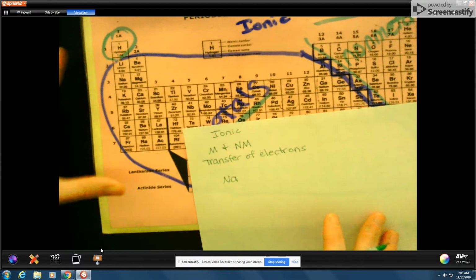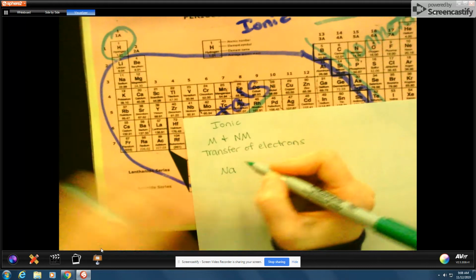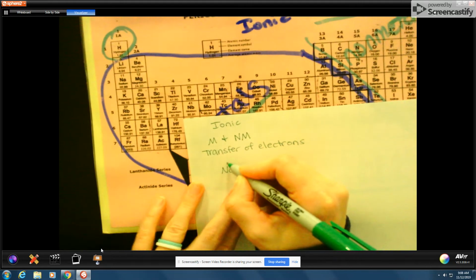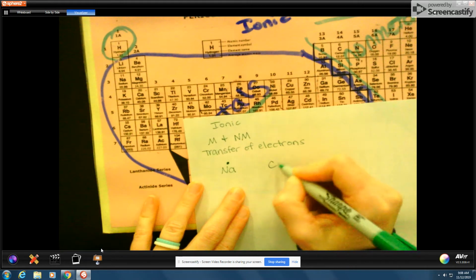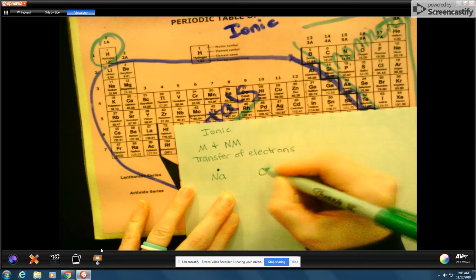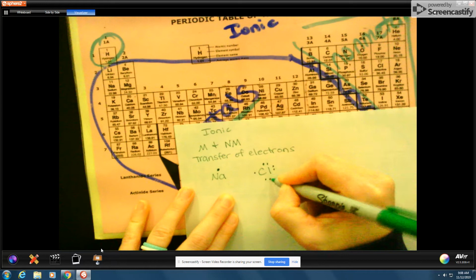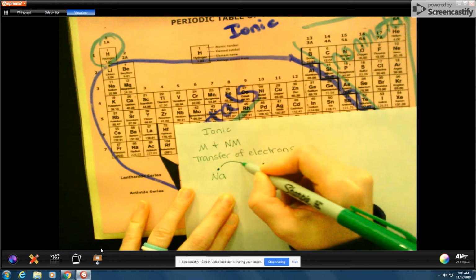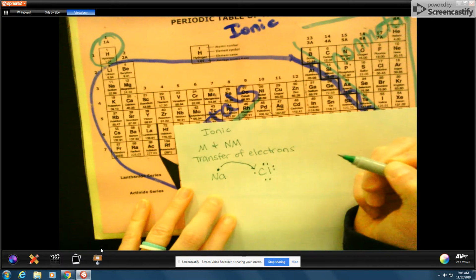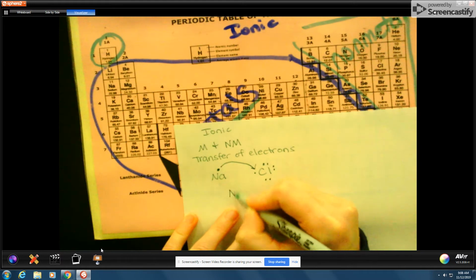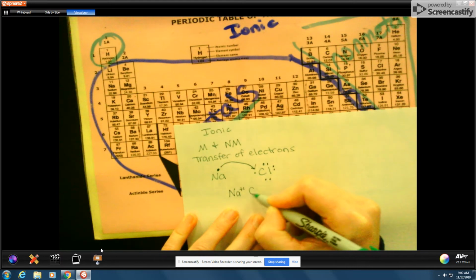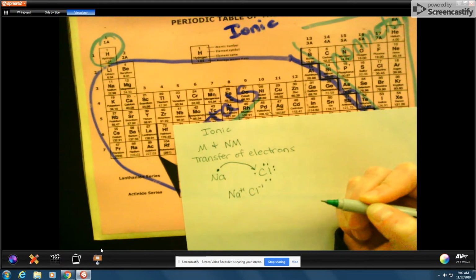You're not tested on drawing it, but I'm just showing this as a visual. Na is in group 1A, so it has one valence. Cl is in 7A, so it has 7 valence. And then we drew that this Na would give away an electron to Cl, and when it did that, Na would have a positive 1 charge and Cl would have a negative 1 charge.